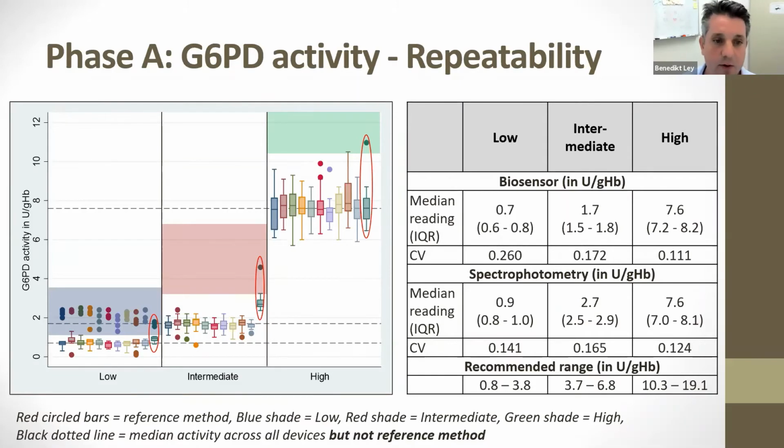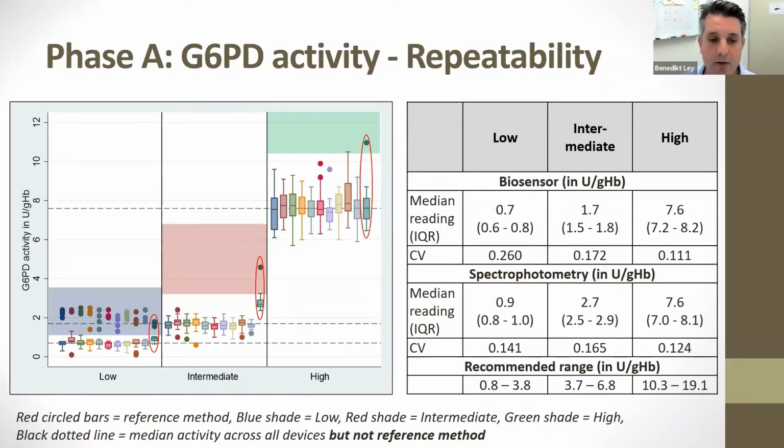Circled results reflect the readings of the reference method, here spectrophotometry. The dotted horizontal lines indicate the median readings across all biosensor devices, excluding the reference method, per control. Median G6PD readings across all machines were below the recommended range, both for the biosensor and spectrophotometry.